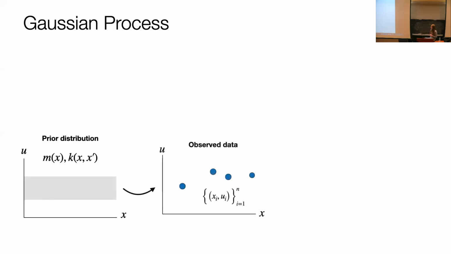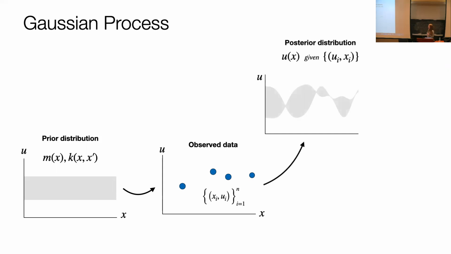The next step is we observe some data. So we send a few emails and we log how long it takes for them to respond. That's basically a bunch of samples of this function u at some times x. The cool thing about Gaussian processes is that once we've observed the data, we have a posterior distribution for what the function looks like at points that we haven't observed.